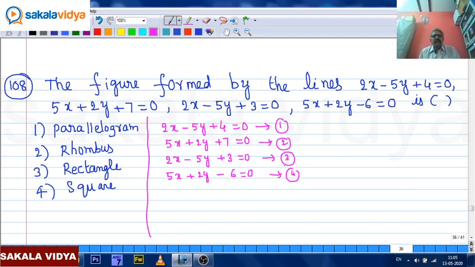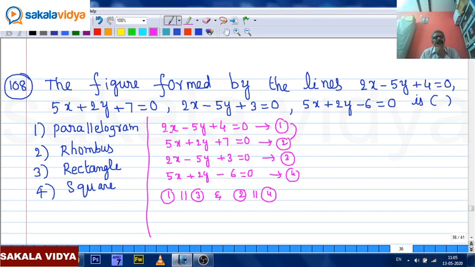So, it is clear that 1 and 3 are parallel, and 2 and 4 are parallel. And one more thing, 1 and 2 are perpendicular. You see, slope is 2 by 5 and minus 5 by 2.